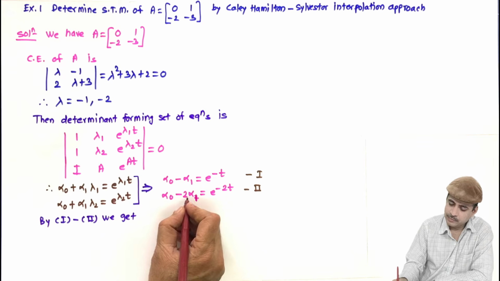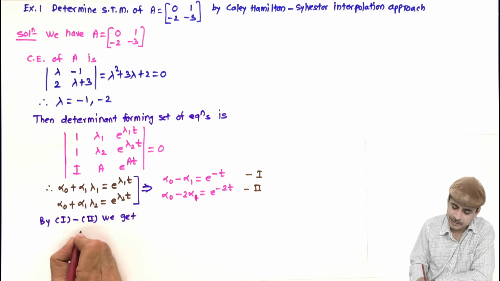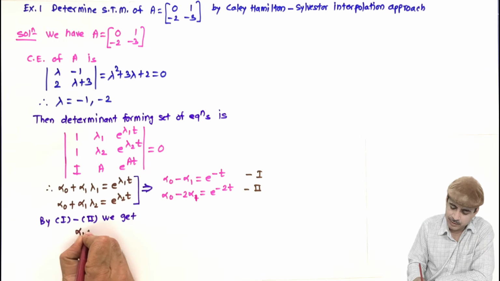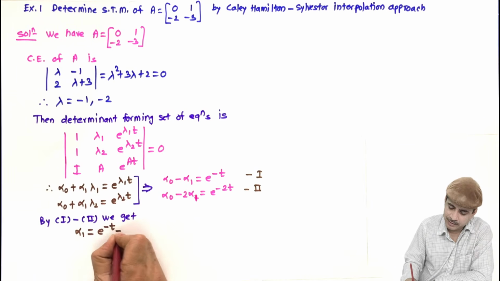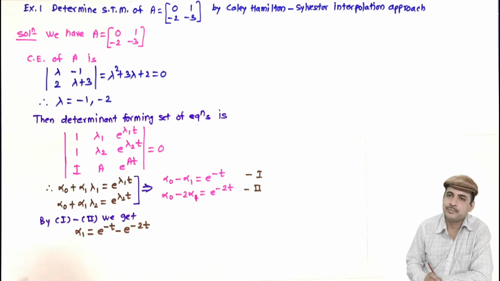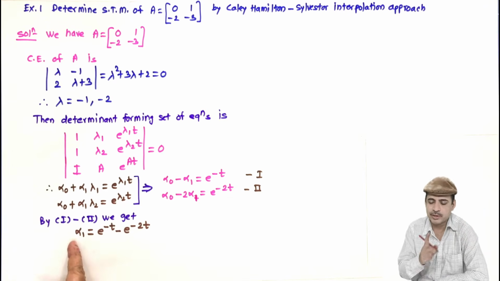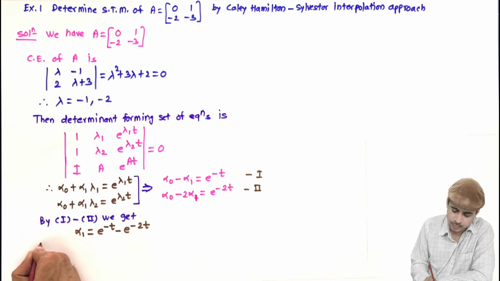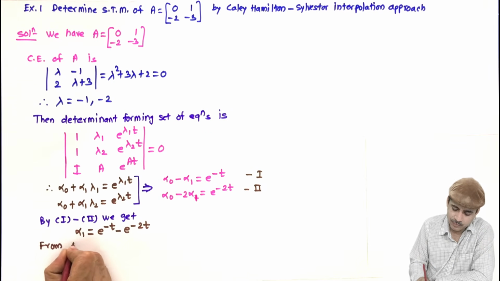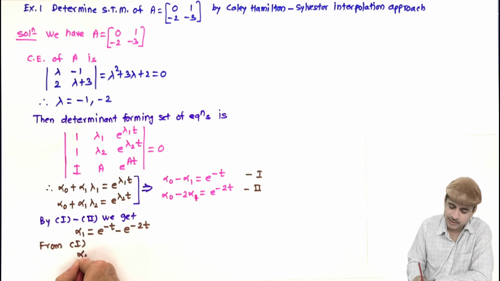Upon subtracting, I get alpha 1 is equal to e raised to minus t minus e raised to minus 2t. One coefficient is obtained, and then put it in equation 1. So from equation 1, what is alpha 0?